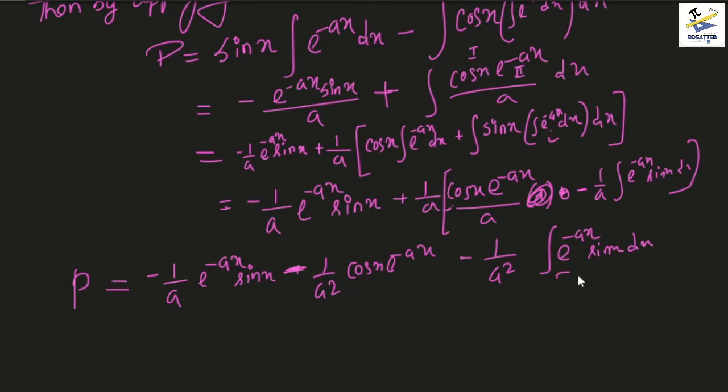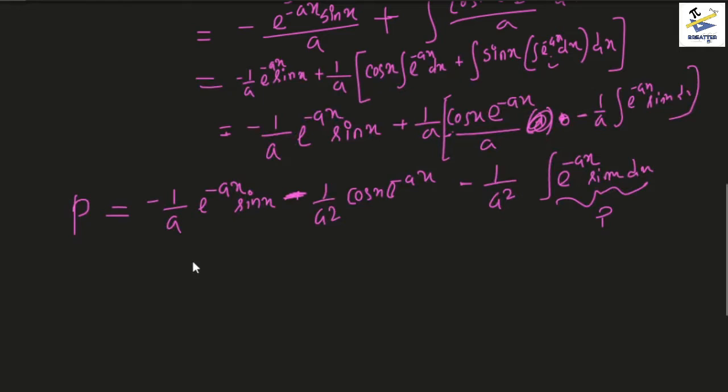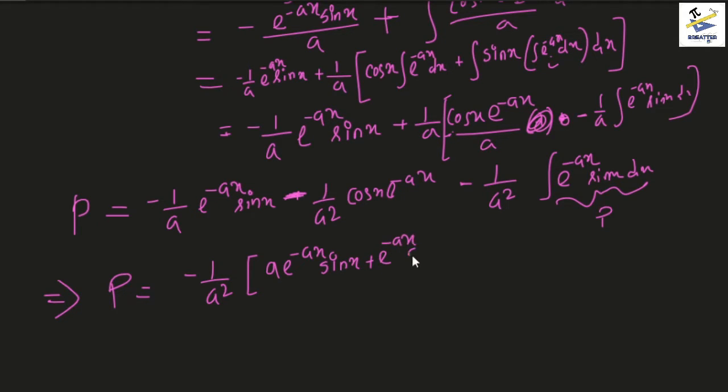But if you remember, this part is just p, so what we do get is as follows: p equals minus 1 by a squared common a e to the power minus ax sin x plus e to the power minus ax cos x, and there is a minus p by a square.